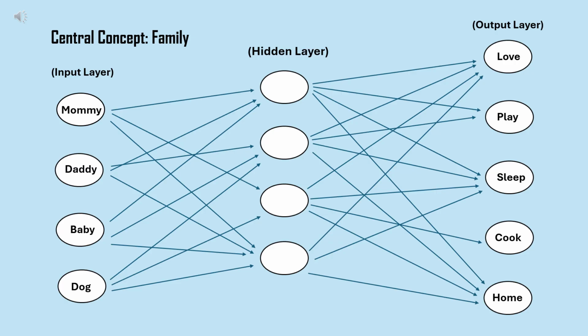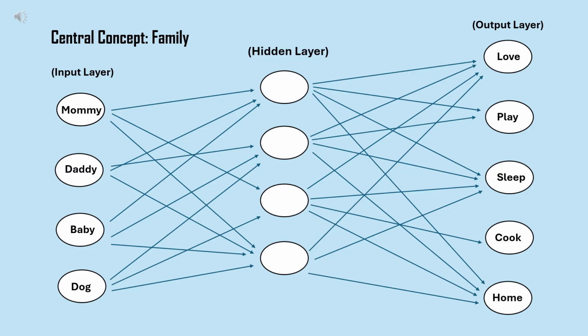This model is showing how Emma's brain doesn't store language in isolation. Instead, each word activates a network of related concepts. It's like a ripple effect in her mind. So when she hears family, she might immediately think about her mom cooking, her dad playing, her baby sibling sleeping. All of these meanings are coming alive at once.